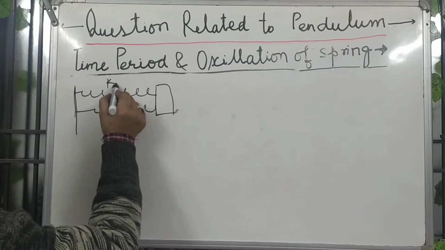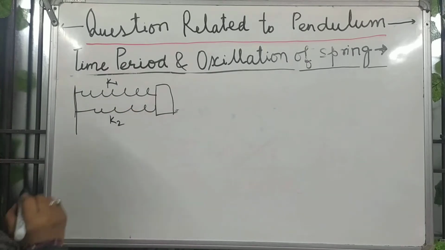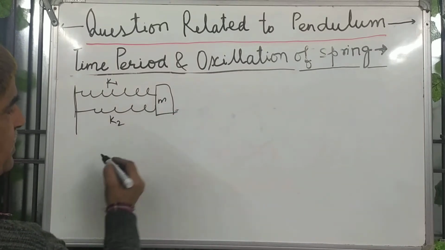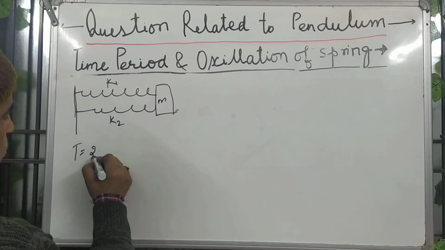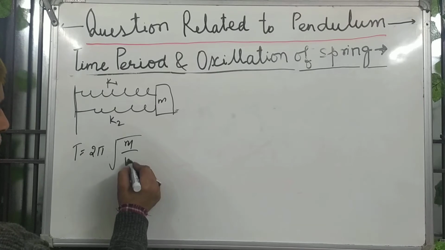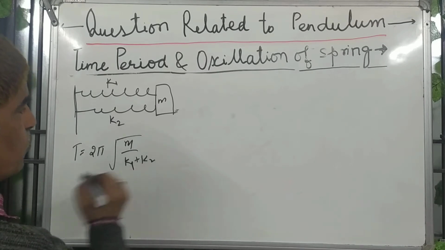This spring constant is k1 and this spring constant is k2. So the time period T equals 2 pi square root m by k, where k is k1 plus k2.